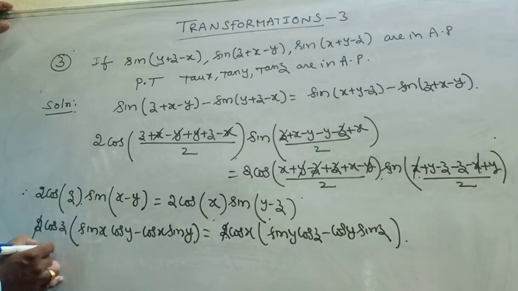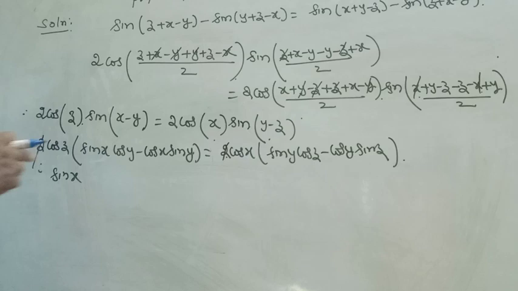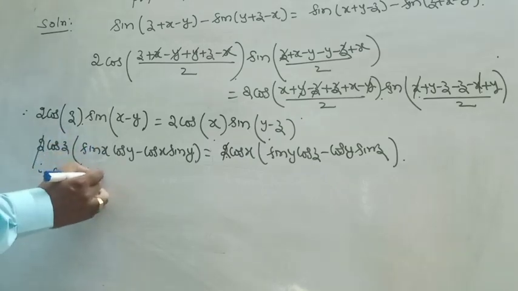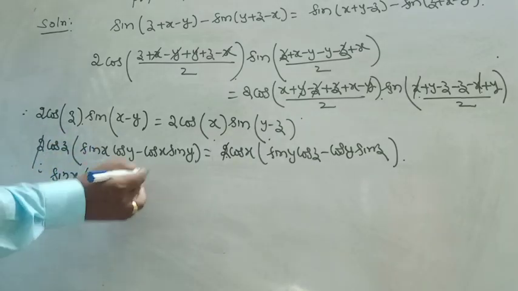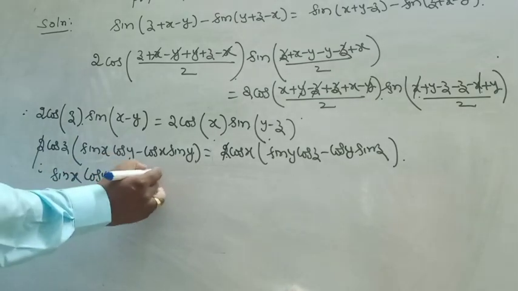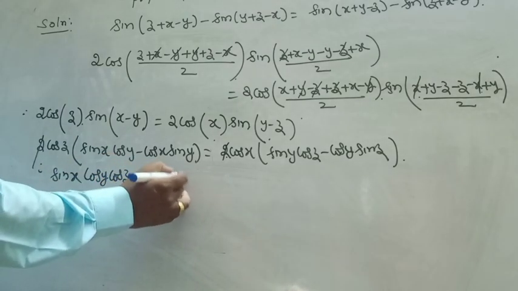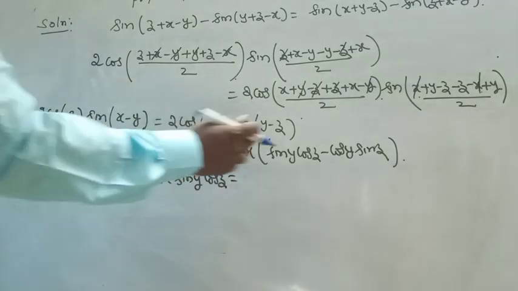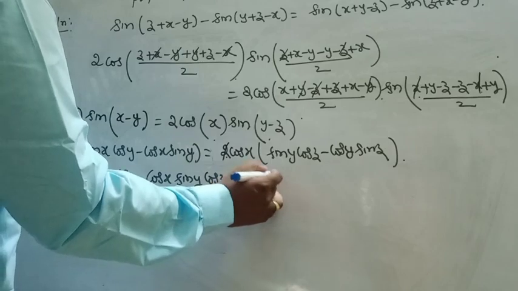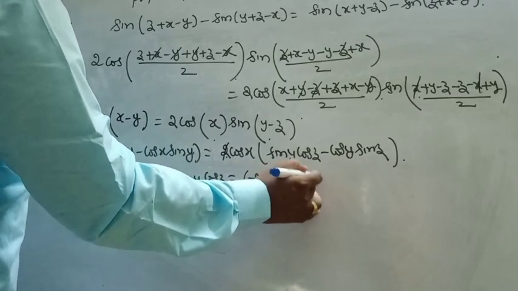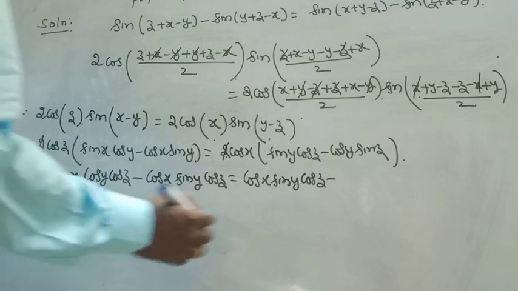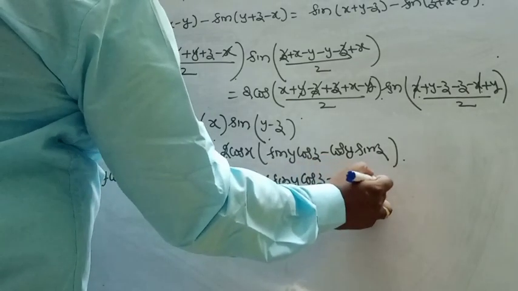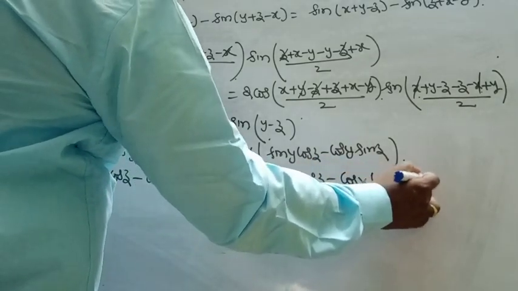Now see, my dear students: sin x cos y cos z minus cos x sin y cos z is equal to cos x sin y cos z minus cos x cos y sin z.